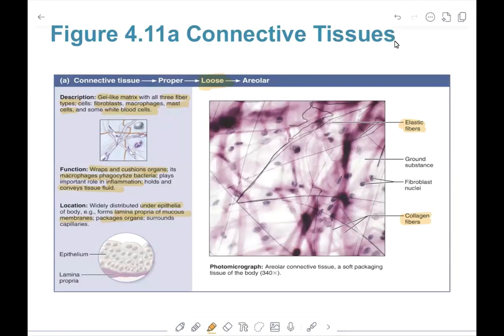They package organs and surround capillaries. A little analogy I like to think of with loose areolar connective tissue is that it's kind of like bubble wrap that you get in the mail that's going to package your very fragile items that are found in that box. So that's what areolar connective tissue is.